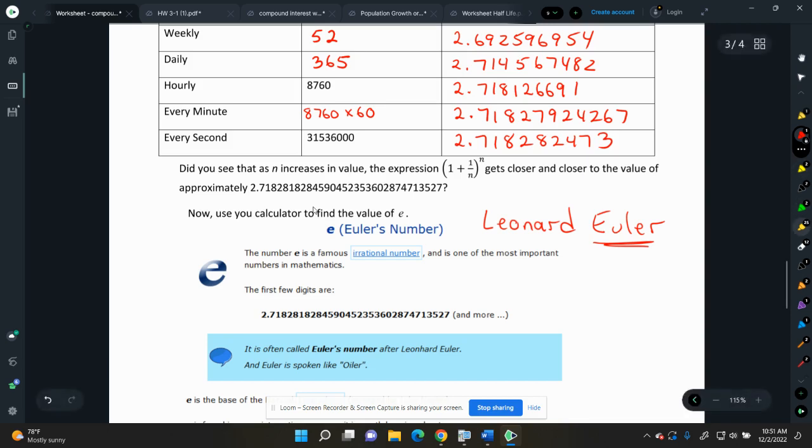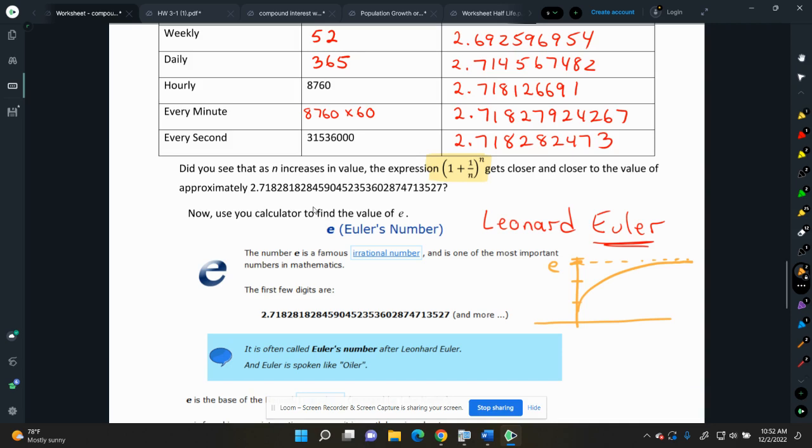Basically, by studying this type of exponential function, what he observed was that as that n got infinitely large, here's 2.718, here's e right here, the value of that exponential function would just get closer and closer and closer to that number, but it never crossed that line.